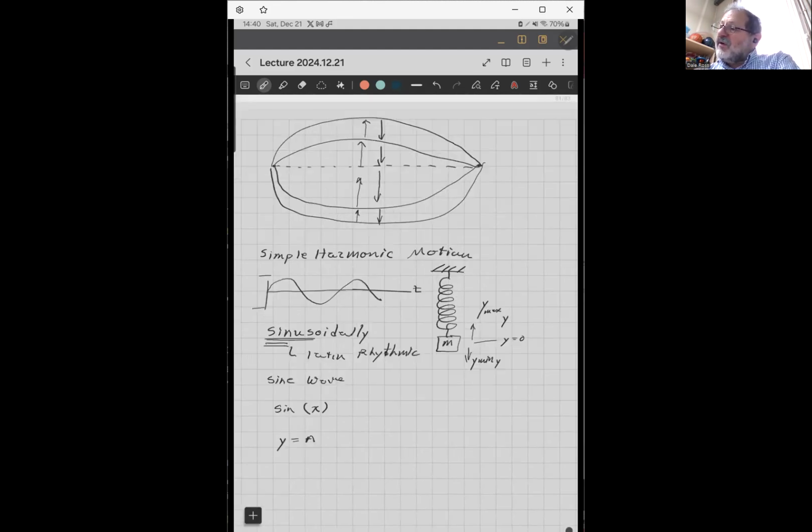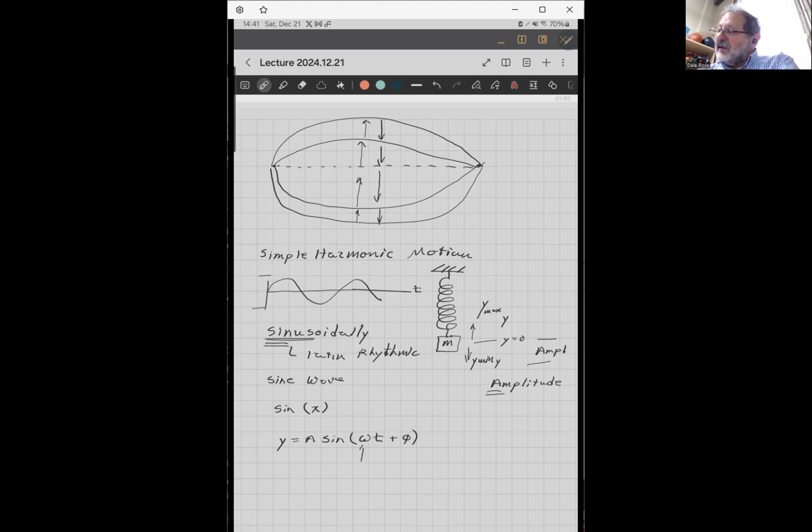So we would call this the amplitude. Let's spell the word out. Amplitude. Okay. A for amplitude is what we're going to use here. And if we were to write out the function for it, it looks like A times sine of omega t plus something.